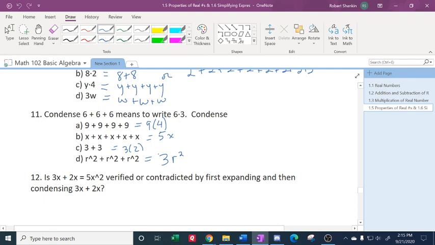The up arrow means raised to the power. So this is contradicted. If you expanded this out, you'd get x squared added to itself 5 times, not 5 x's.